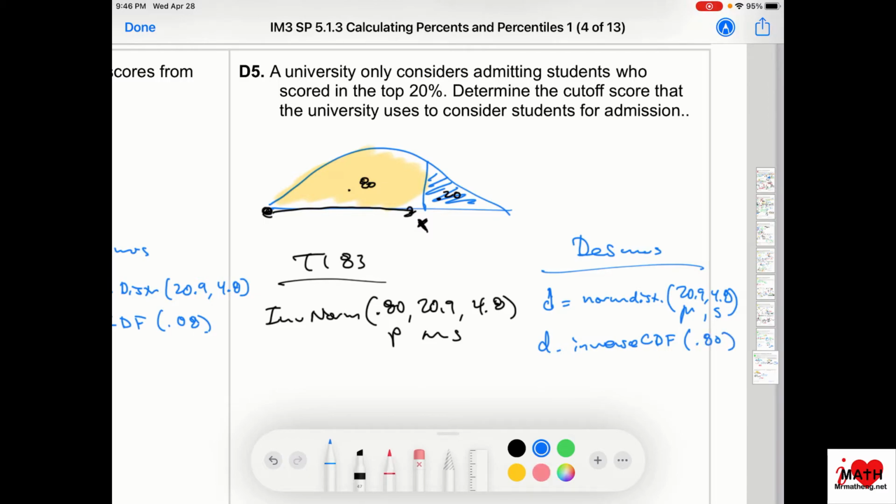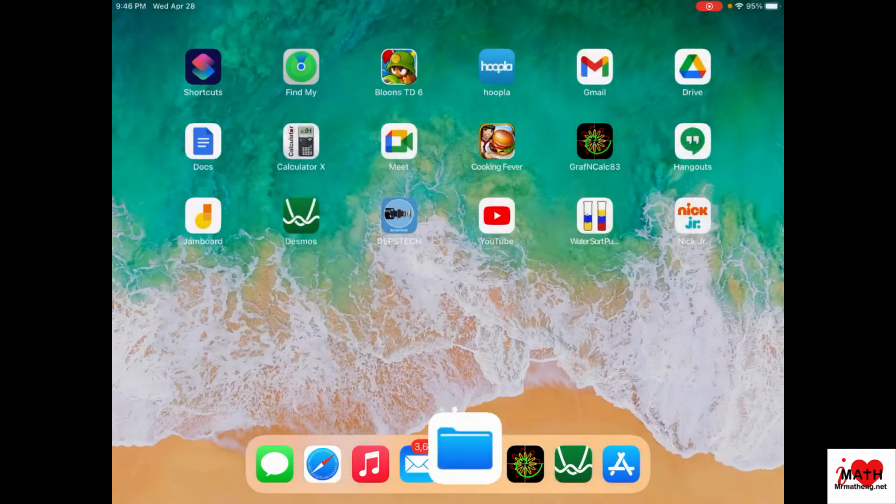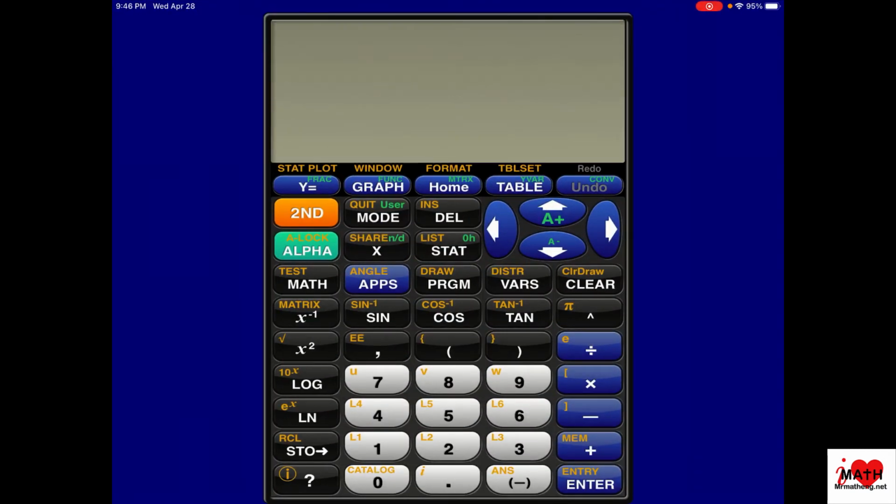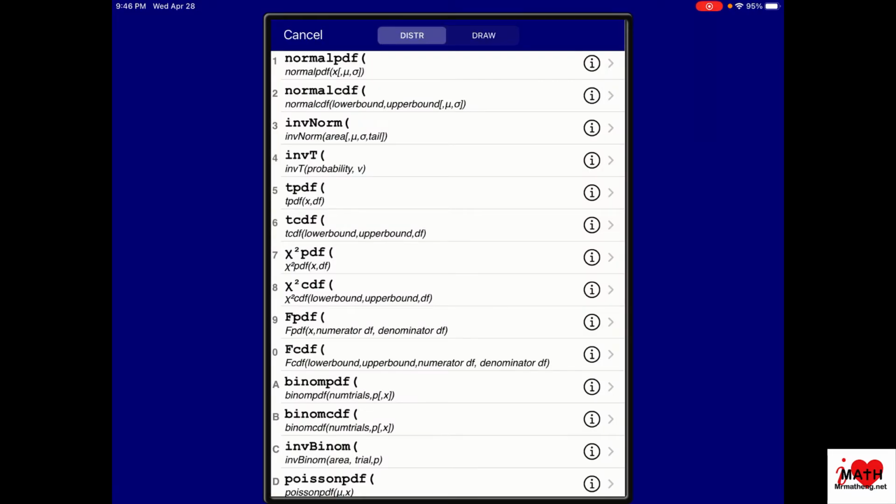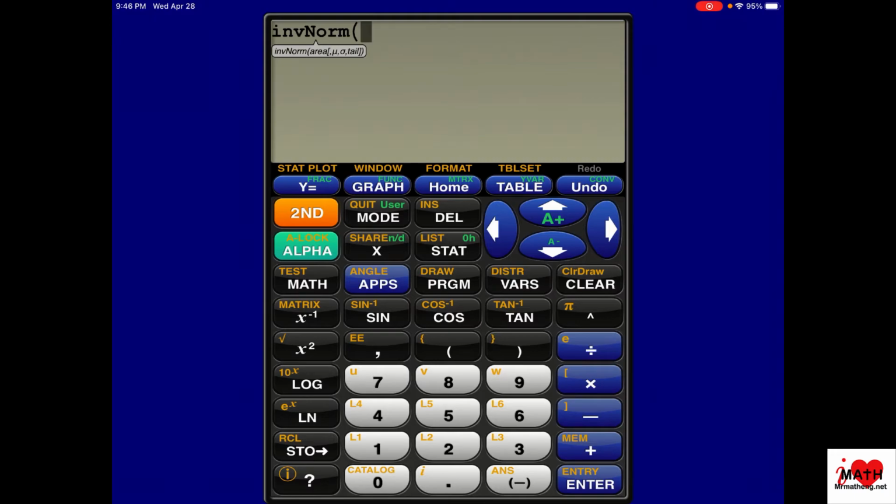Okay, and then we're going to get an answer for X. So again, second vars number 3, we're getting here 0.80 comma 20.9 comma 4.8, 24.94.